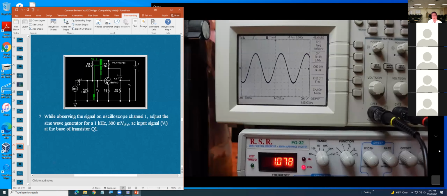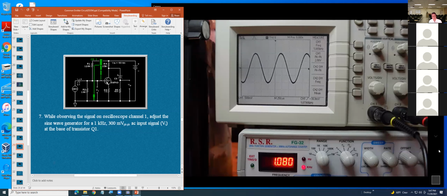2.1 volts. You're looking at the oscilloscope telling me, channel 1, peak to peak. He was right, Mr. Pham. That's what it says, 2.1. Okay, 2.1 volts. That is the minimum the generator can give you.